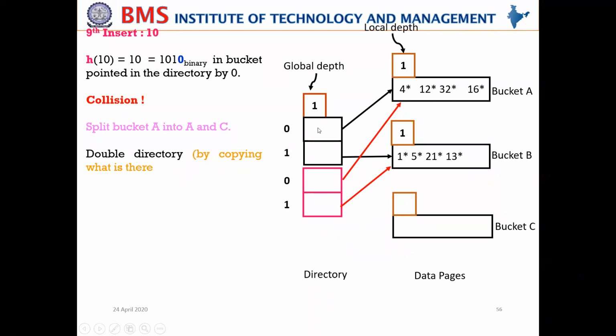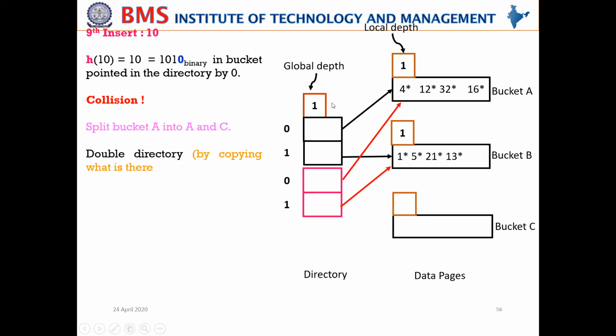Doubling the size, what I have done is just copied whatever was there in the previous directory as it is. When you have to go for doubling, you can see here that the local depth value of your bucket and the global depth value of your directory are the same.